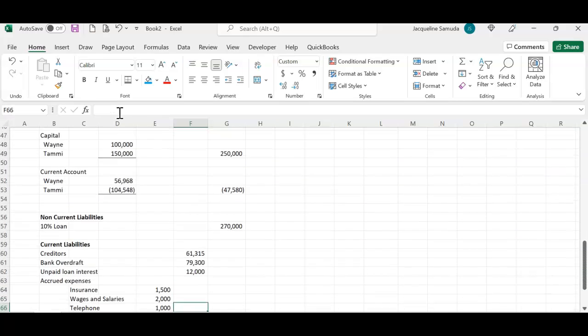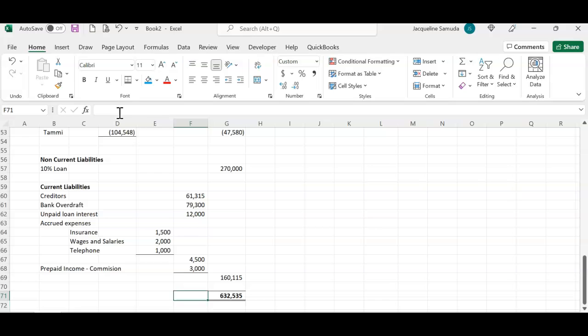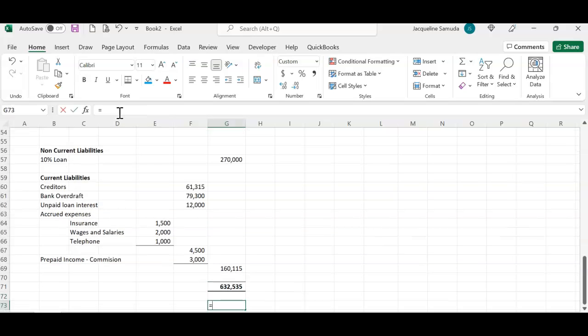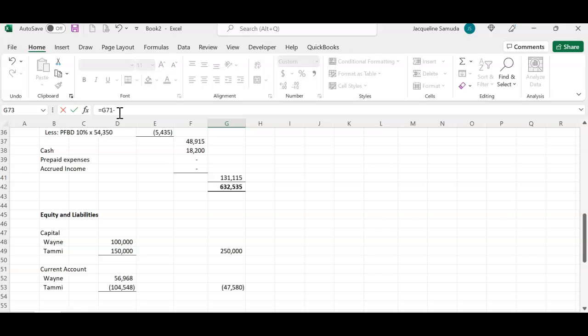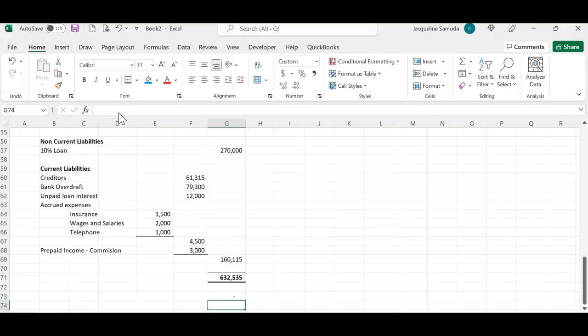We're taking this figure and subtracting it from this figure, just to double check. Right. So notice 0. Good. So we have completed the partners' current accounts, and we've just now wrapped up the statement of financial position. Okay, so you're good. So that marks the end of the question.